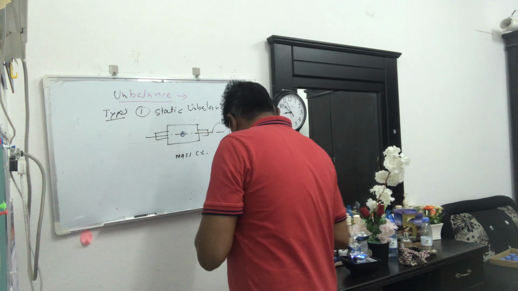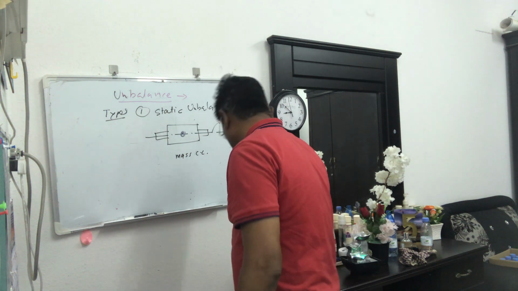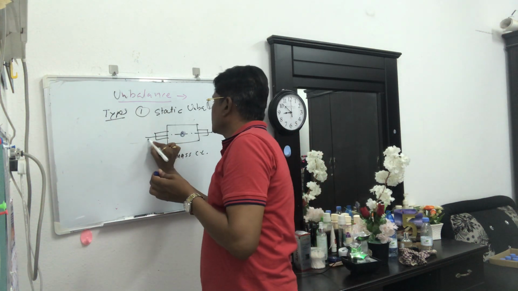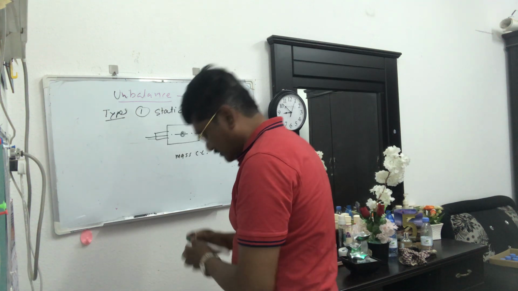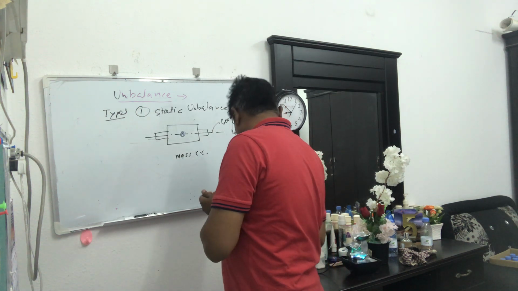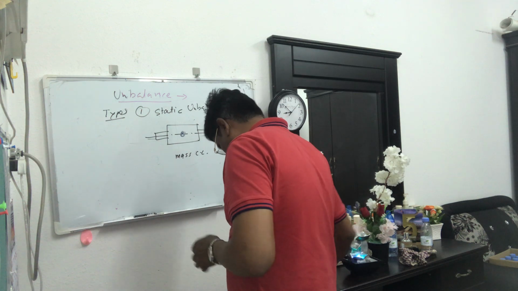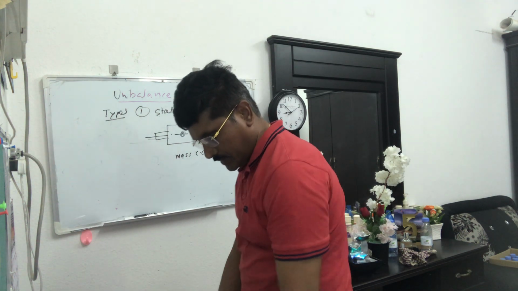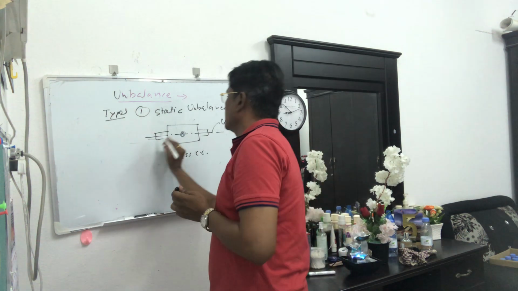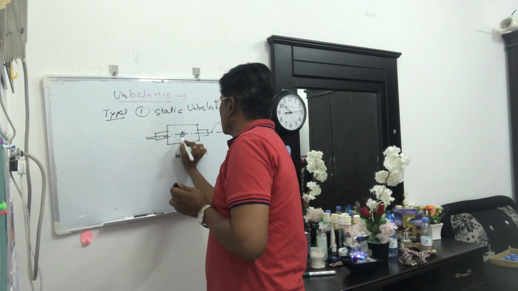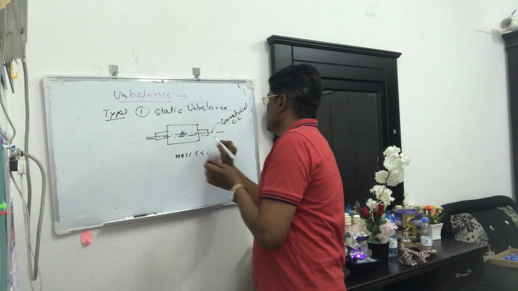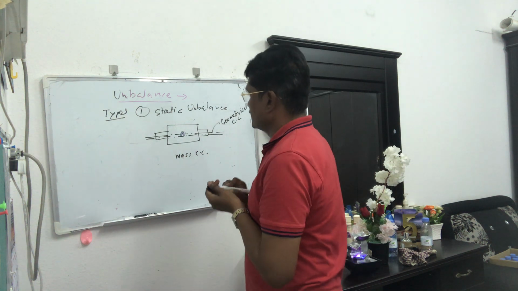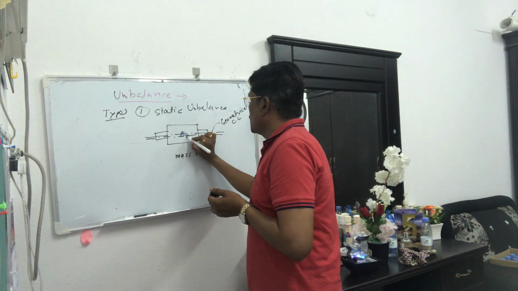Another is mass center line, where a CG is located.